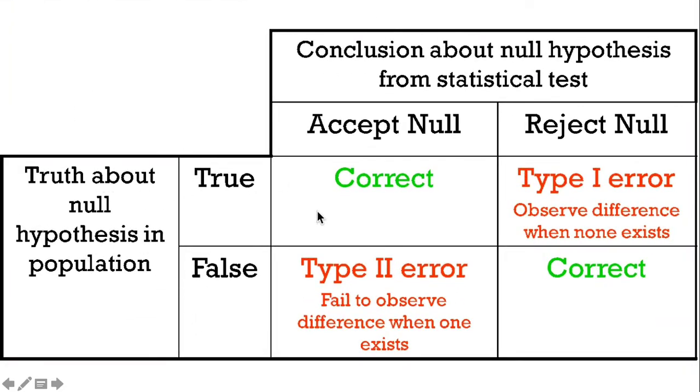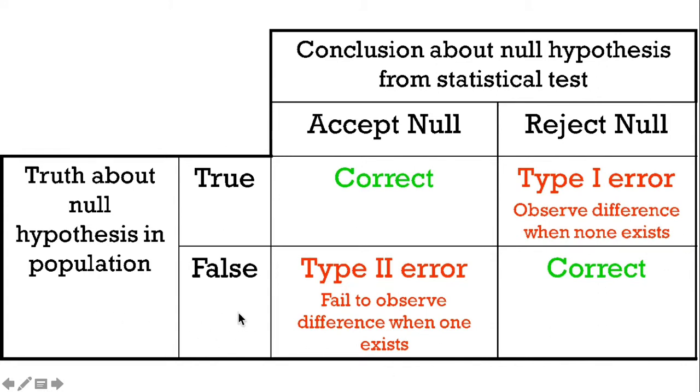So if we look at this table here, we have the truth about the null hypothesis in the population. So this is really what's occurring, and this is what we find. If the null hypothesis is true and we accept the null, then it's correct. Whereas if we reject the null, but in fact it's true, that's when we observe a difference when none exists.